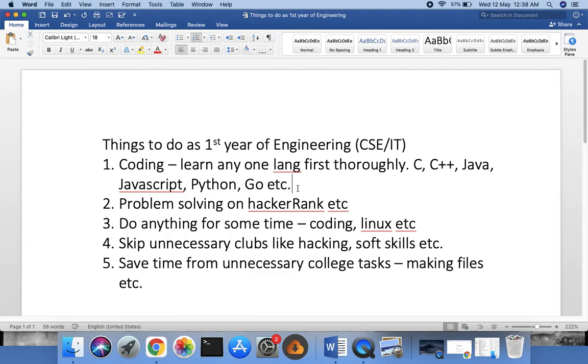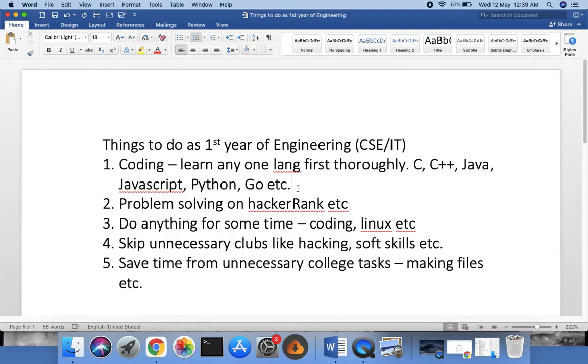In the first year of engineering, you may not be able to understand the importance of this first point, but I have been in your situation. 9 or 10 years back, I was in the first year of engineering college, and right now I am working in a product-based IT company.